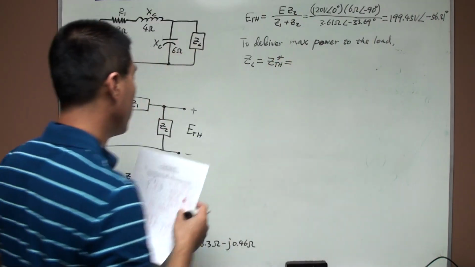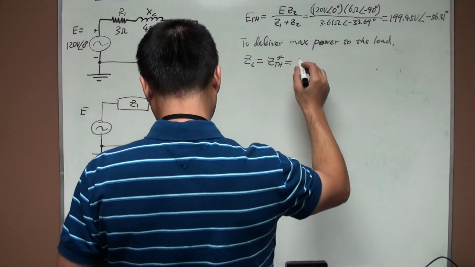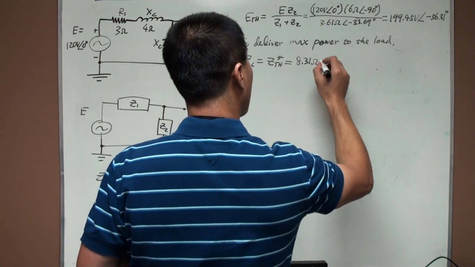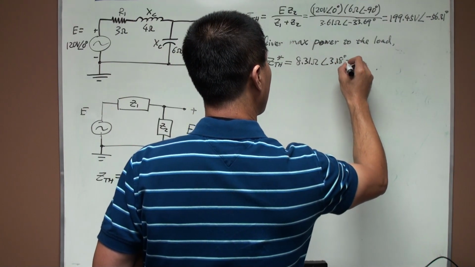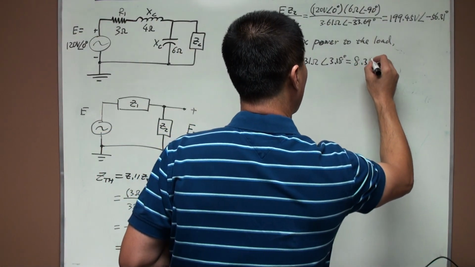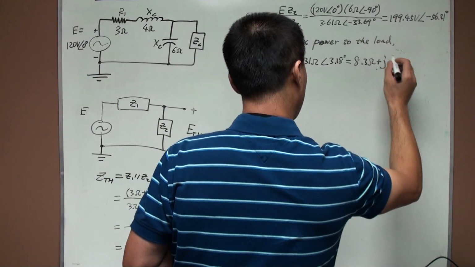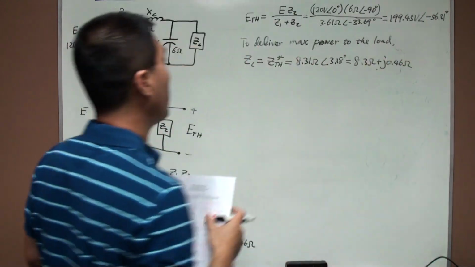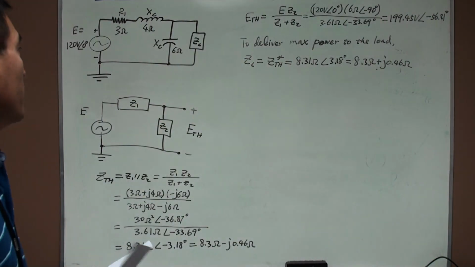ZTH is here, so for the conjugate we have 8.31 ohms with a positive 3.18 degrees. Converting to rectangular form, it will be 8.3 ohms plus j0.46 ohms. That will be the load that will receive maximum power from the source.